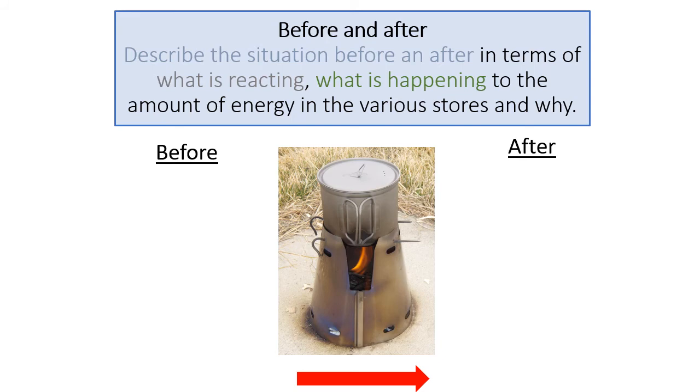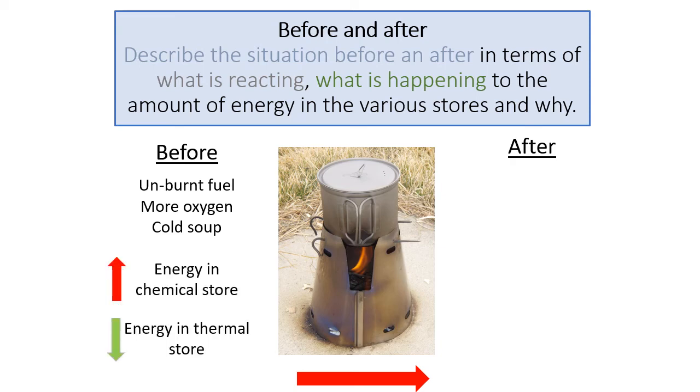We will describe the situation before and after in terms of what is reacting, what is happening to the amount of energy in the various energy stores, and why. Before: unburned fuel, more oxygen, cold soup.